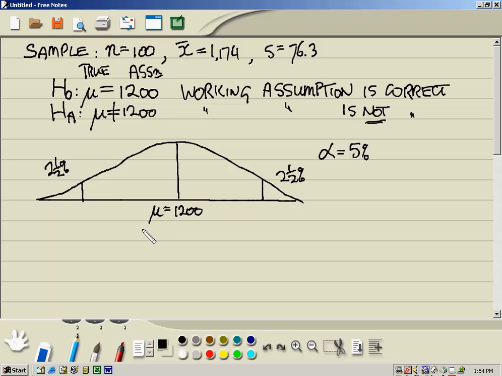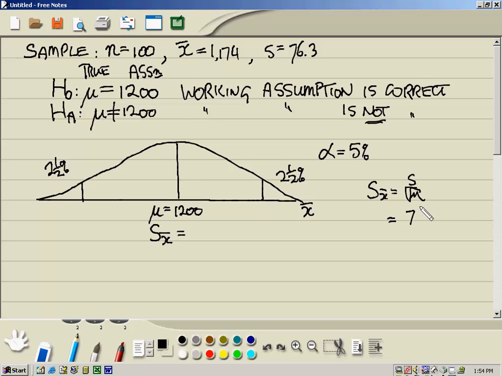To be able to calculate these limits, we need the standard deviation of the sampling distribution, S of x bar. Remember, this is the sampling distribution, and we need to do that calculation. So let's go off here on the side and do that. So S of x bar is S divided by the square root of n.